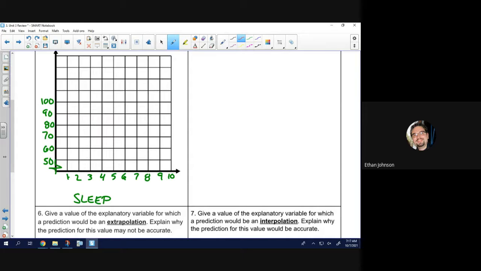So the first one is 6, 76. Oh, roughly here. 4, 58. 6.5, 70. 8, 98. 7, 81.